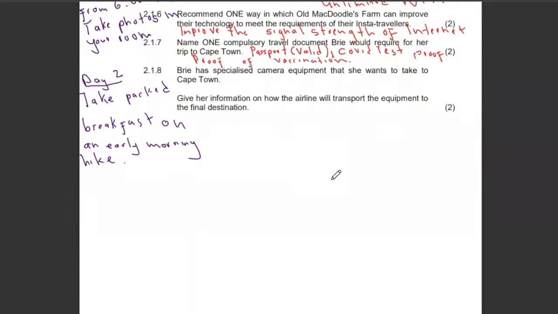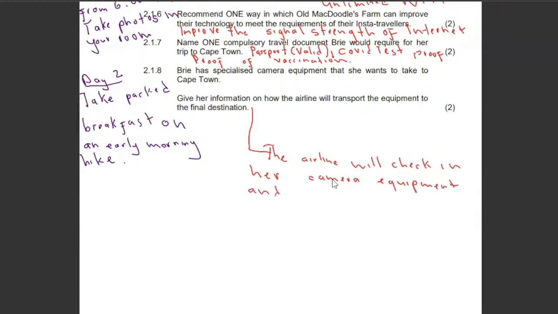Since she's going to use an airline, you would want to know that camera equipment is fragile.